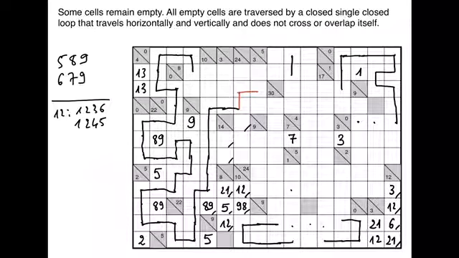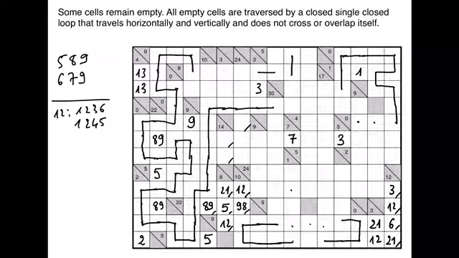This should be something like this, and then they can't join, so it has to go down, and this 3 would be broken. So it has to go down, and here, no, not down, it has to go to the right, and now we know that this end of the loop must escape this way.